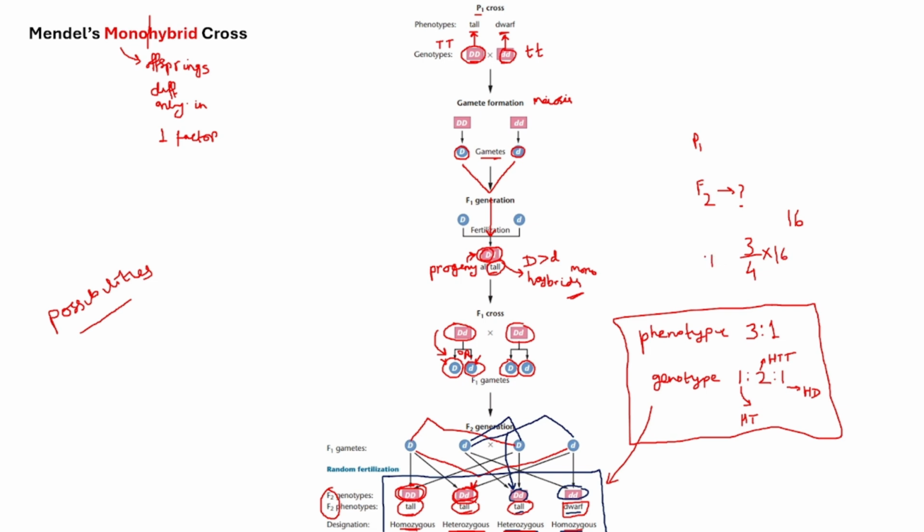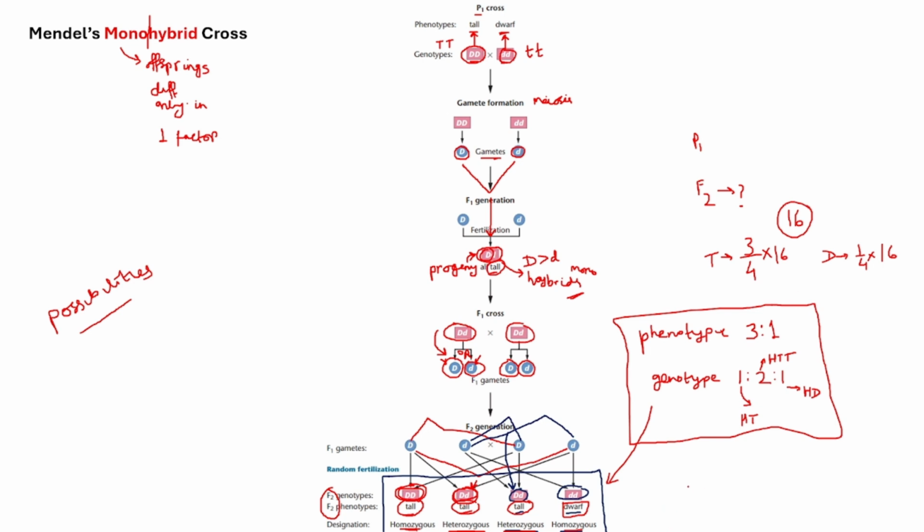So these are phenotypically tall, and phenotypically dwarf will be the rest, that is 1/4 into 16. So problems could be like this. Or someone will say you have 16 F2 generations in total, calculate how many are homozygous tall, how many are heterozygous tall, how many are homozygous dwarf.